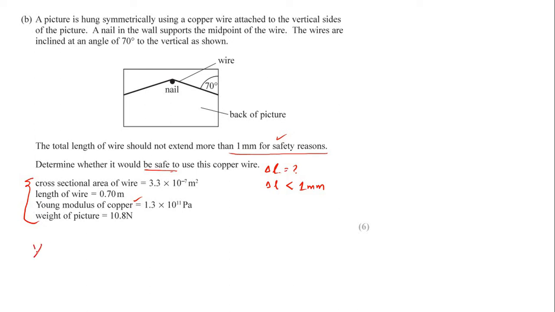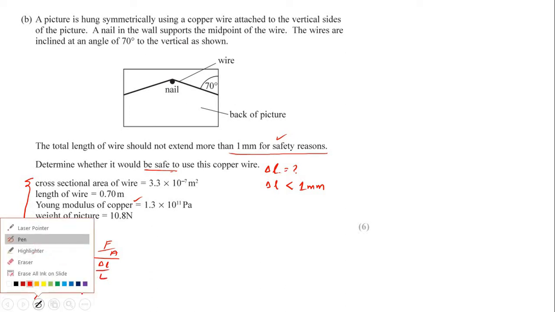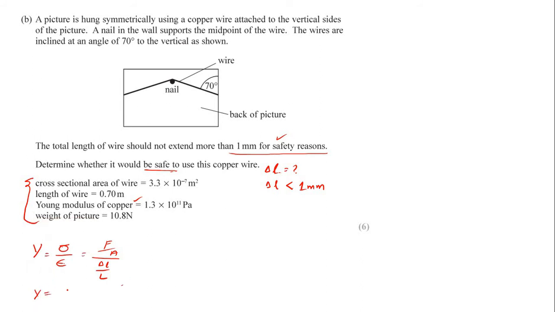Young modulus Y is stress upon strain, sigma upon epsilon, and sigma is F upon area, divided by delta L over L. Then Young modulus will be force upon area into L upon delta L. So clearly you need to figure out delta L. So delta L would be equal to F L upon A into Y.